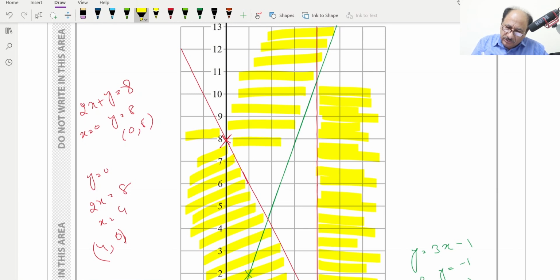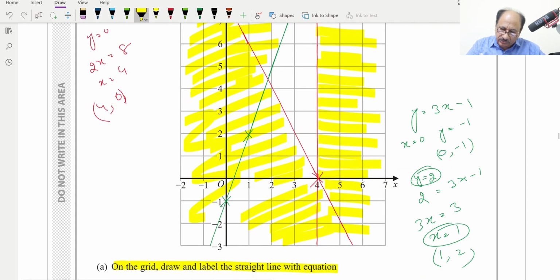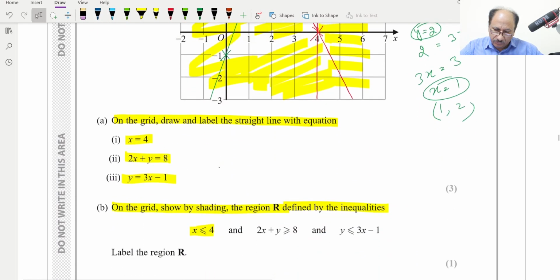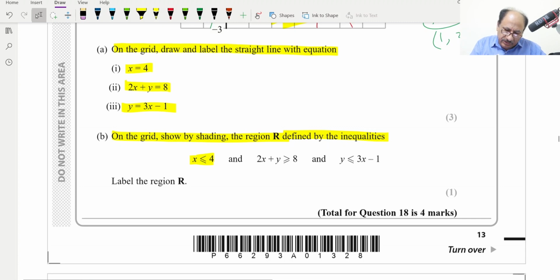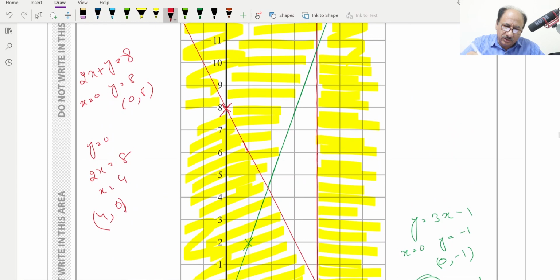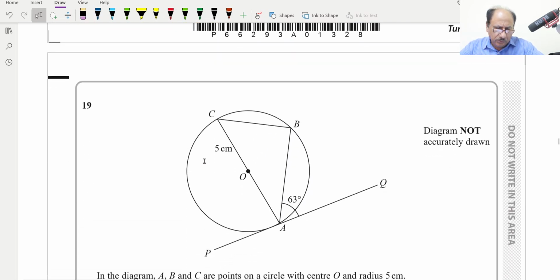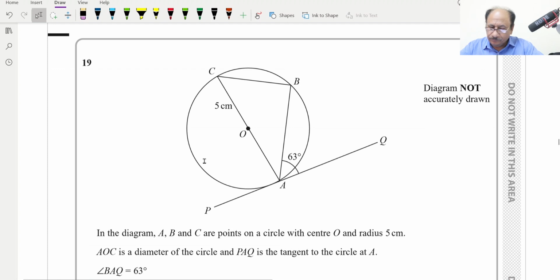So we will be shading this portion, and we have to identify the region, label the region by R. So R will be what? R will be over here. This will be region R, which is the white portion. Hopefully you understood this. Now question number 19.